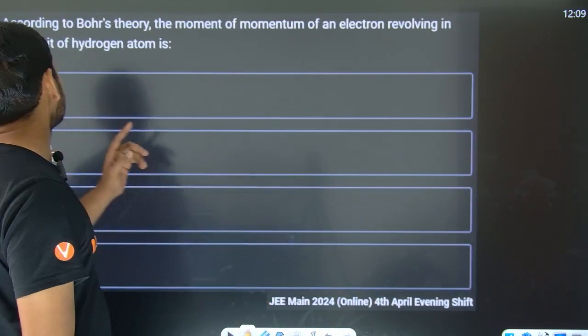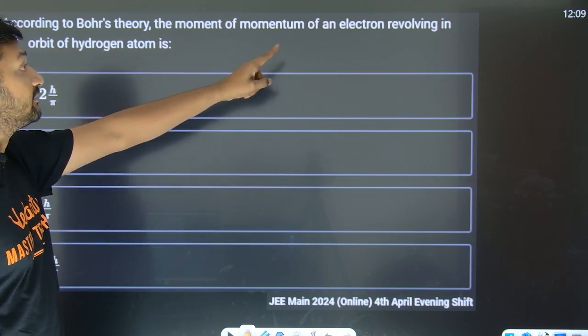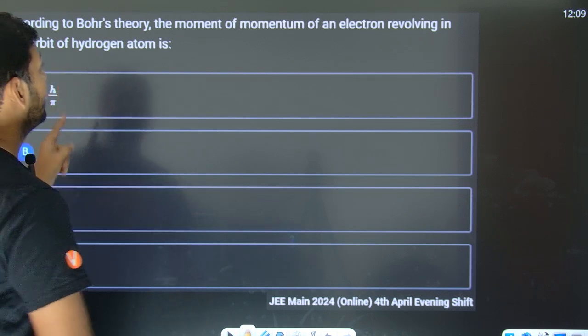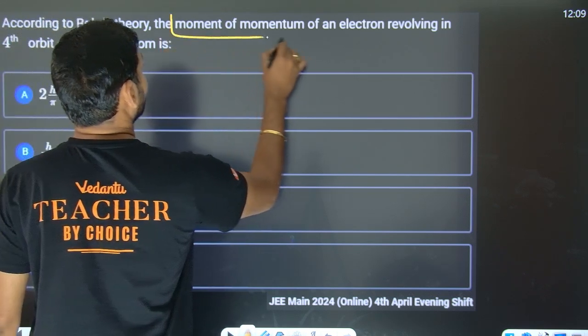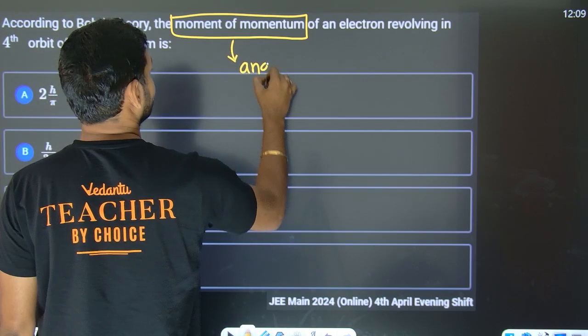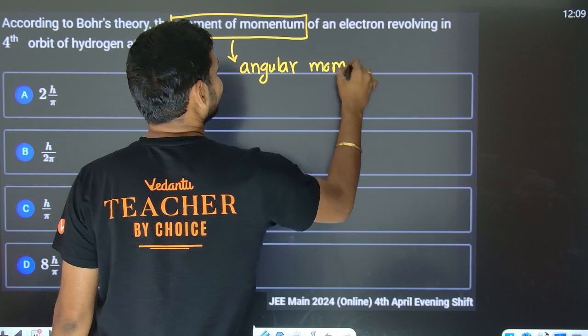According to Bohr's theory, the moment of momentum of an electron revolving in an orbit, moment of momentum is also called angular momentum.